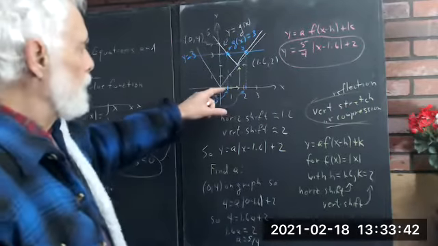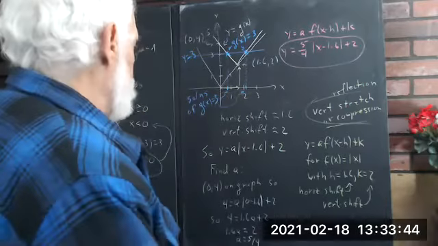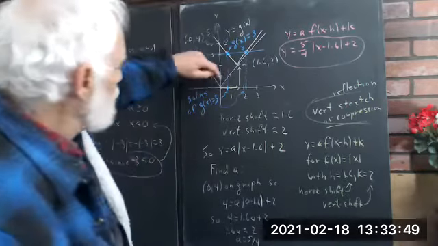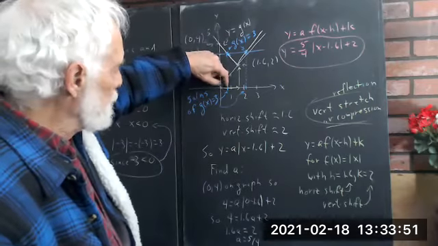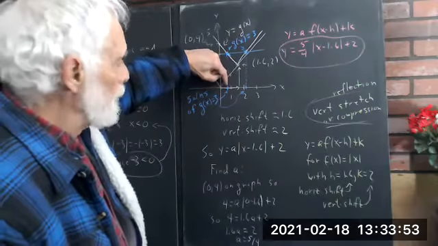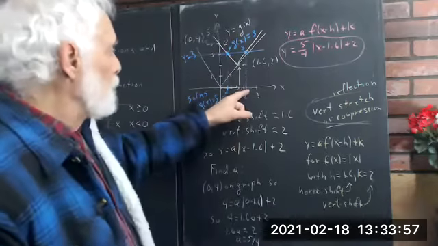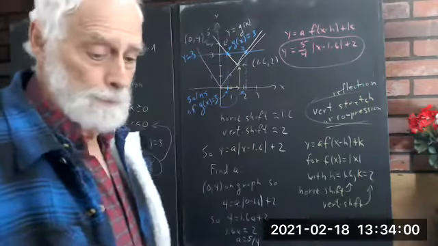Okay, well, what are the estimated coordinates here? An honest estimate tells me that that looks like about 70% of the way from 0 to 1. So that looks like about 0.7. That looks like about 2.2.